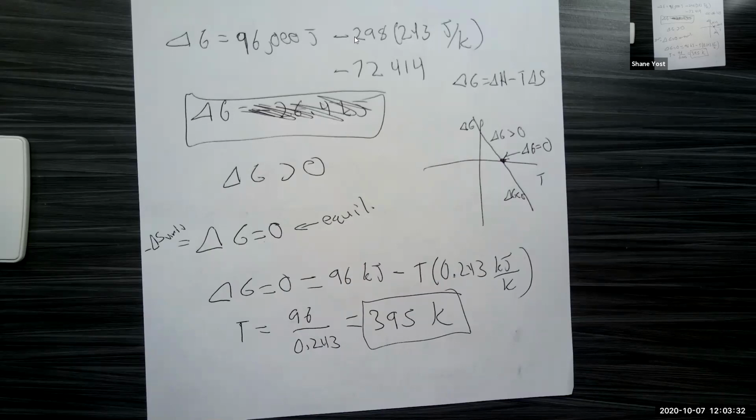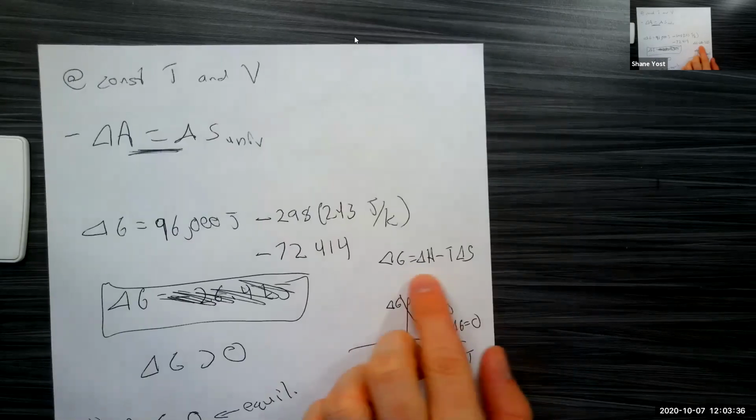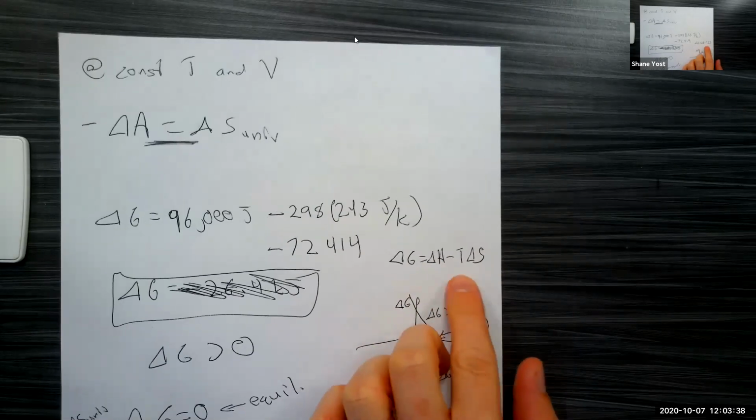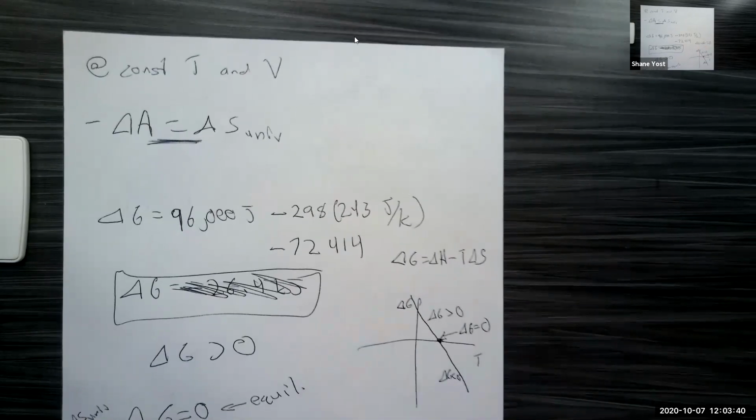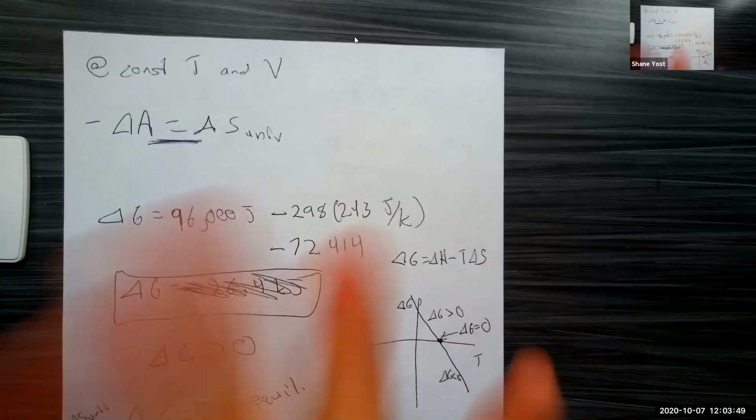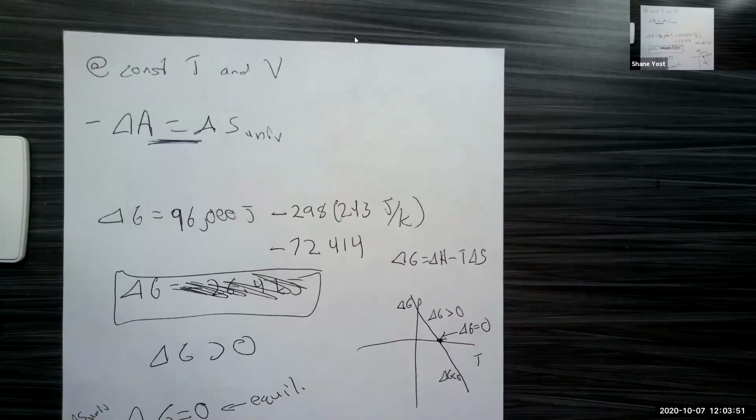I guess Gibbs, when he first came up with this, decided he wanted delta H minus T delta S instead of T delta S minus delta H. Because if you did T delta S minus delta H, then delta G greater than 0 would be spontaneous, and delta G less than 0 non-spontaneous. Maybe he was thinking of it as an energy, and typically our energies, our internal energies, are negative values.